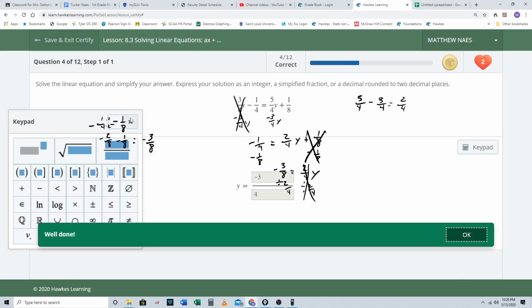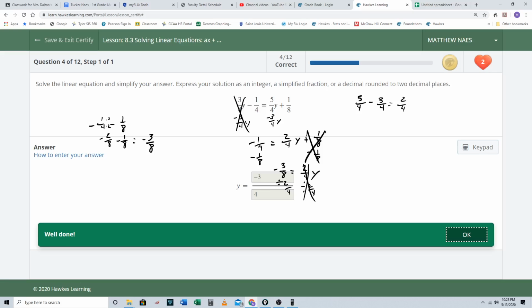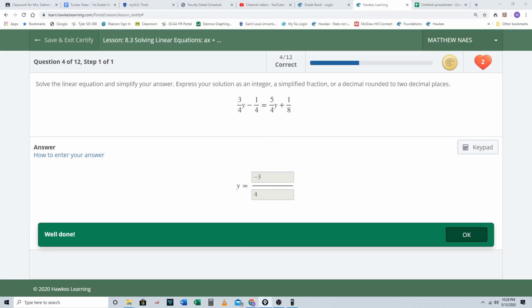Now, that's one way to do it. I'm going to show you another way to do this that may make it easier for you. And that's to find what's called the lowest common denominator, which is usually going to be the biggest number. Basically, since 8 is a multiple of 4, that's my lowest common denominator. So what I'm going to do is multiply everything by 8.